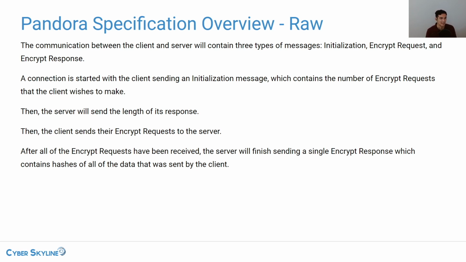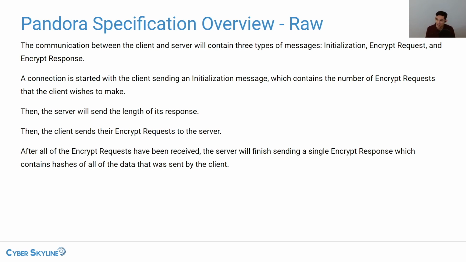Then the server will send the length of its response. Then the client sends their encrypt requests to the server. And then after all the encrypt requests have been received, the server will finish by sending a single encrypt response, which contains the hashes of all of the data that was sent by the client. So this is specifically saying what is happening in this communication.